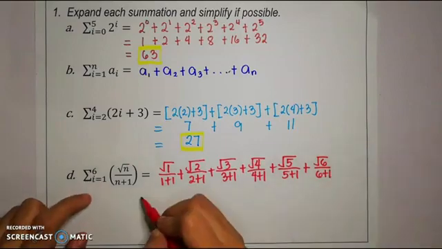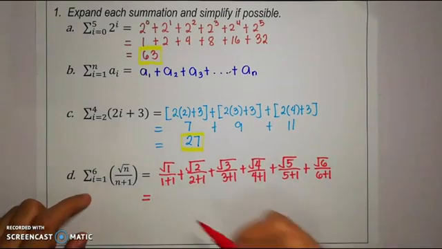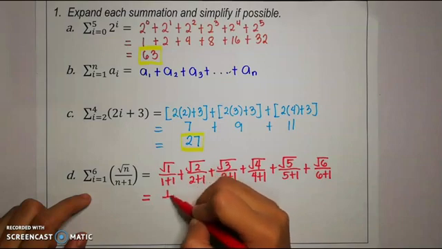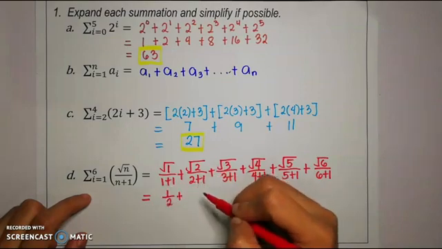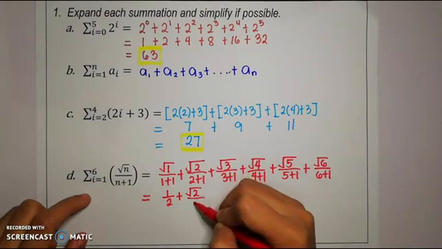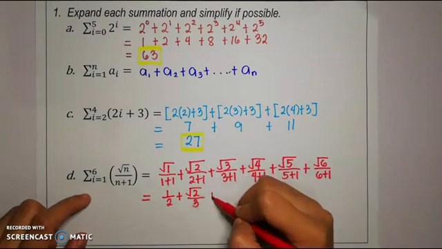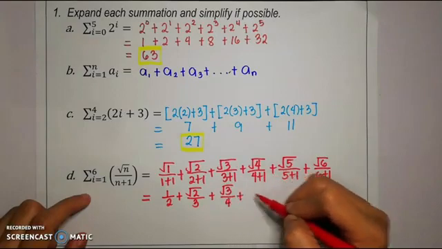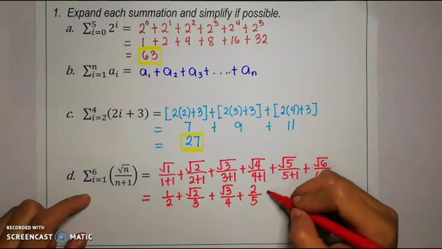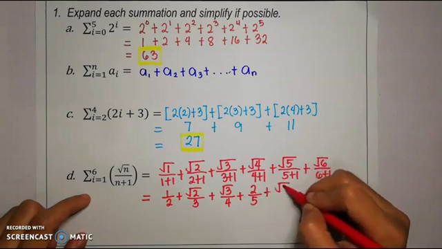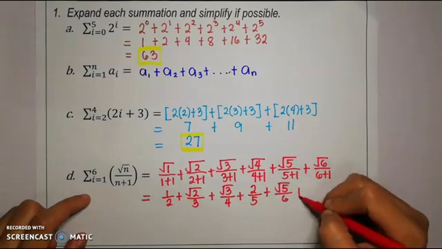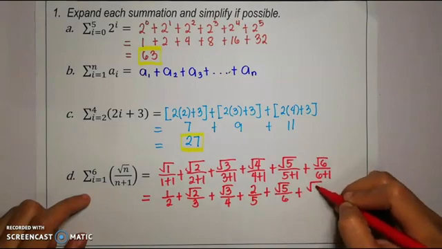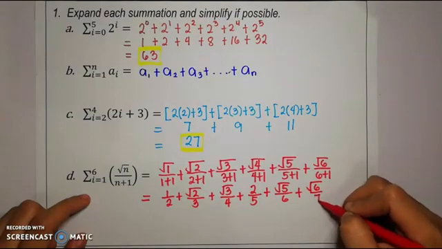So let's simplify. The square root of 1 is 1 and over 1 plus 1 is 2. We will rewrite square root of 2 and 2 plus 1 is 3. Rewrite square root of 3 over 3 plus 1 is 4. Square root of 4 is 2 and 4 plus 1 is 5, so 2/5. We have square root of 5 over 6 and square root of 6 over 6 plus 1 is 7.